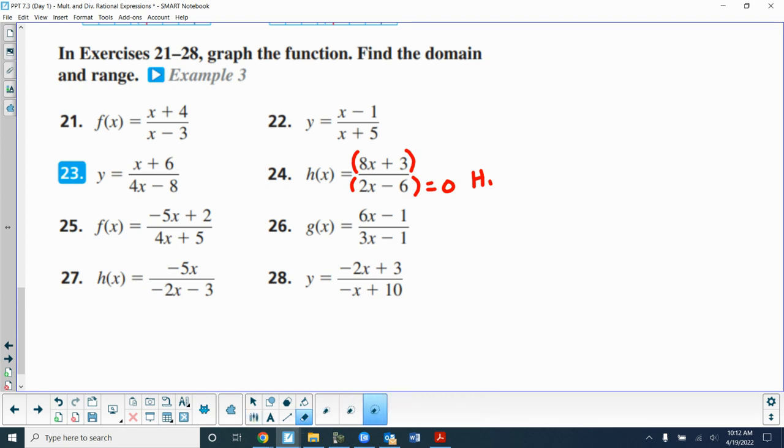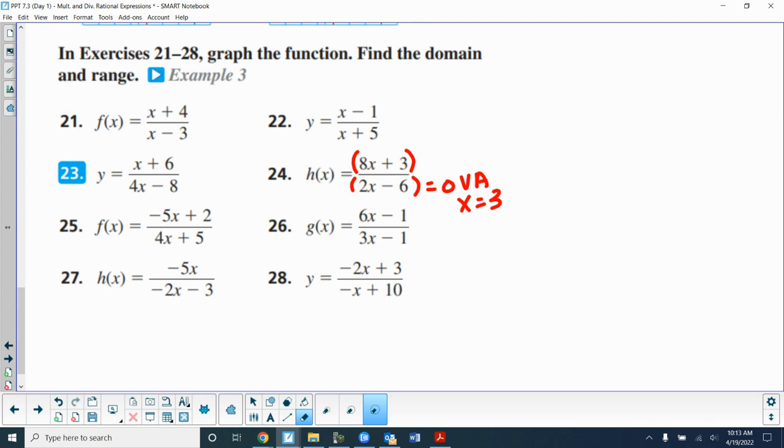That's your vertical asymptote, is what makes the denominator 0. So that's x equals 3. If I asked you what the domain was, you'd say all values of x except 3, right? You're right, x does not equal 3 for the domain. You with me on that?